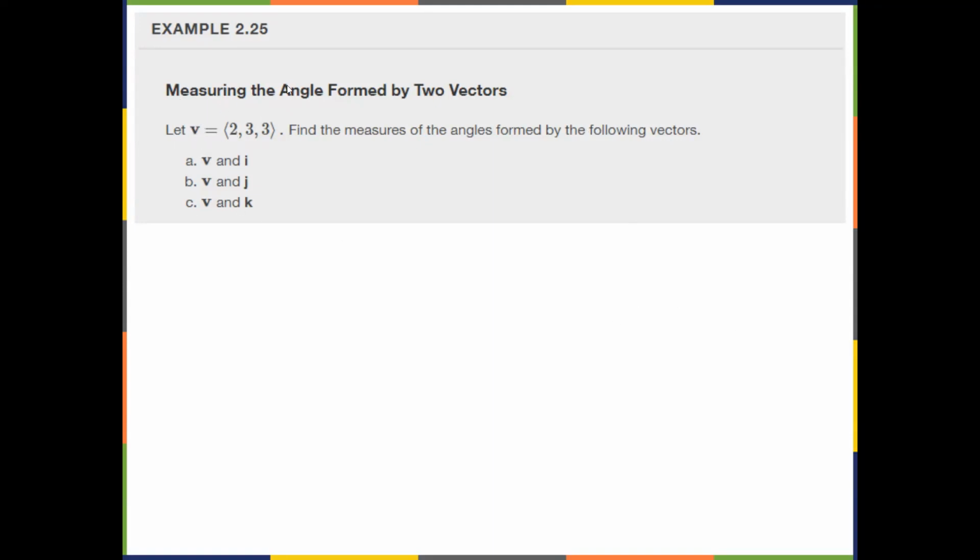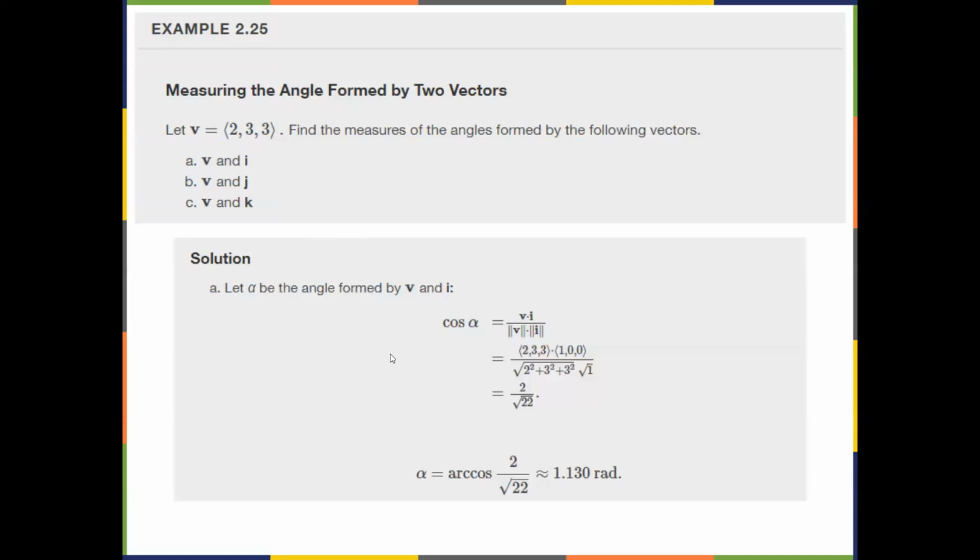All right, so here we're measuring the angle formed by two vectors. If we let v equal 2, 3, 3, find the measures of the angles formed by the following vectors: v and i, v and j, and v and k. Obviously i, j, and k being your 1, 0, 0, your 0, 1, 0, and your 0, 0, 1.